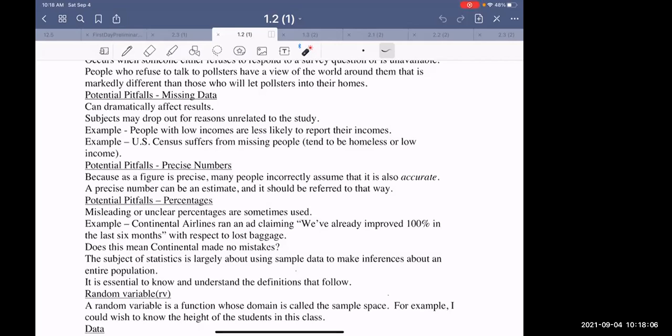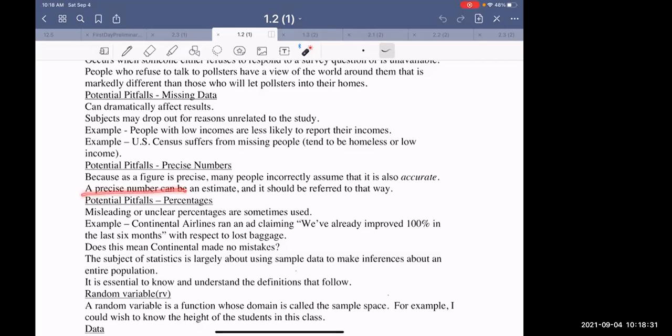But do not make the assumption that this means that these results are accurate. Just because a figure is precise, do not incorrectly assume that it is accurate.